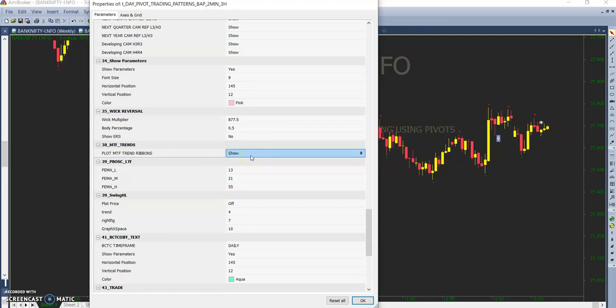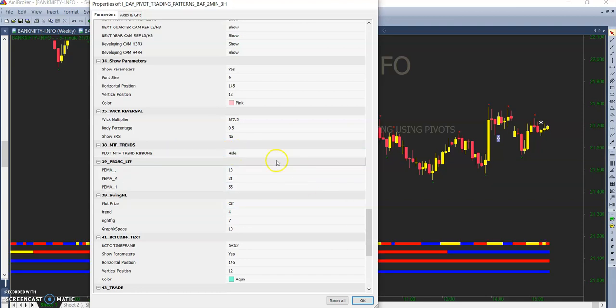The next section is basically multi-time frame trend ribbons. This has nothing to do with pivots. It actually shows the trend based on moving averages. Red color indicates downtrend, blue color indicates neither downtrend nor uptrend, yellow color indicates uptrend, and so on and so forth.